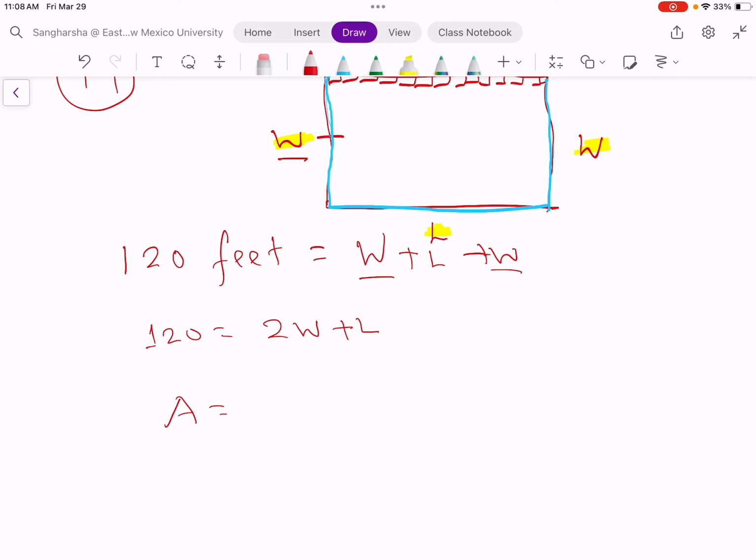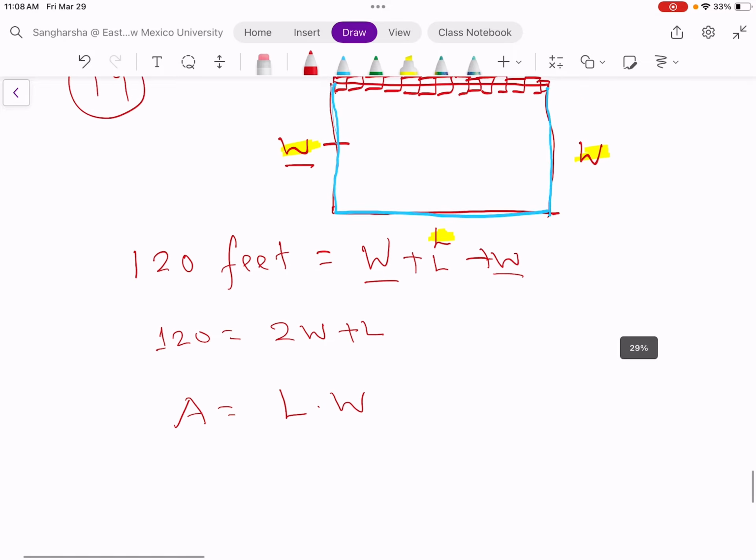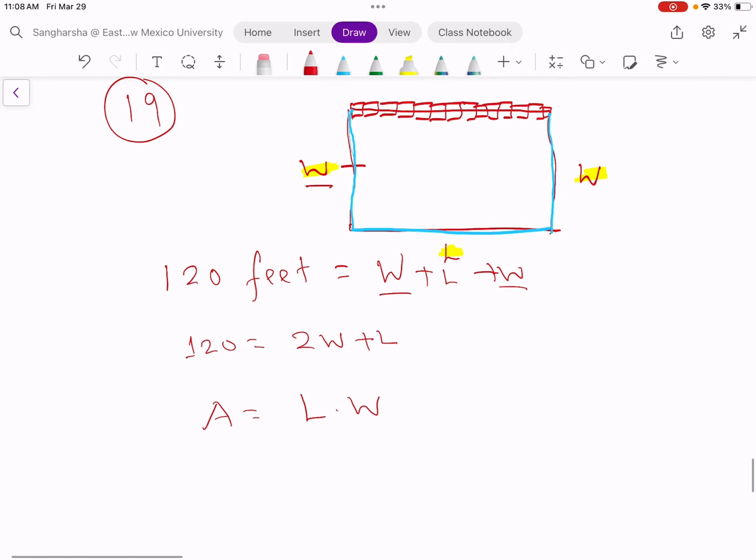Area is length times width. In order to find the maximum area, we need to have our area in terms of one variable. We have 2 different variables, length and width, so we're going to rewrite area in terms of length or width. It does not matter.